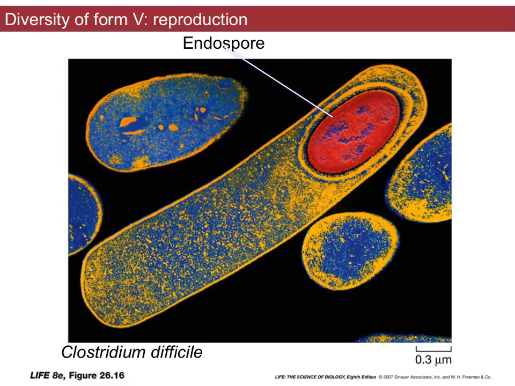We'll talk about that a little bit more as we go through the course, because it turns out that they are very important for human health, bioterrorism, that type of thing. Certain species that form spores, and this is a picture of Clostridium difficile, can cause explosive and sometimes fatal diarrhea.